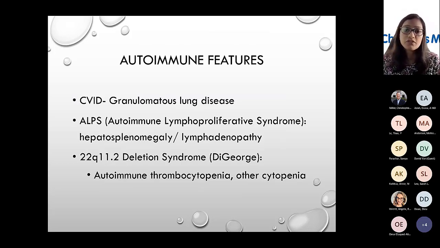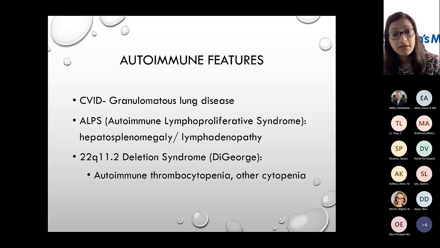A few examples: autoimmune features, CVID can present with GLILD, or granulomatous lung disease. ALPS, autoimmune lymphoproliferative syndrome, can present with lymphoproliferation, again, hepatosplenomegaly, lymphadenopathy, that can be pretty prominent. 22q11.2 deletion syndrome, previously known as DiGeorge.